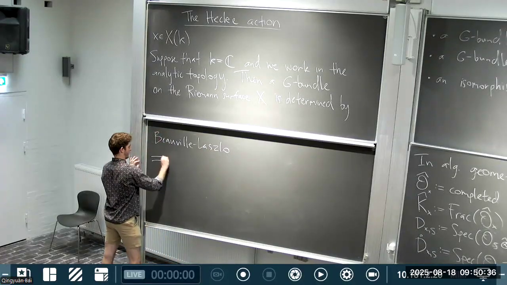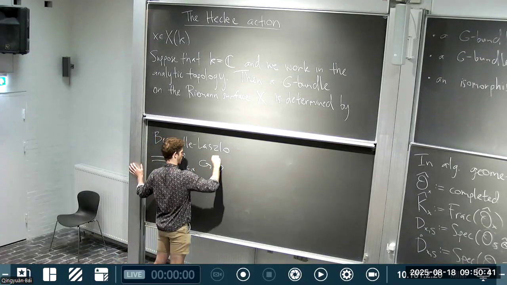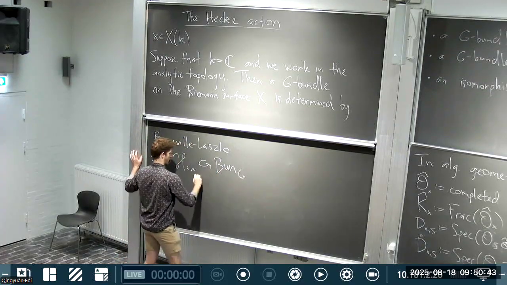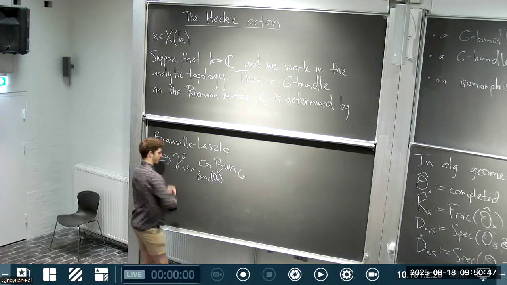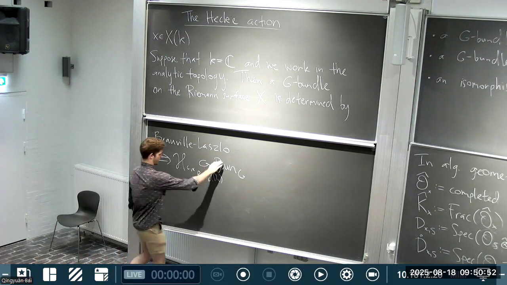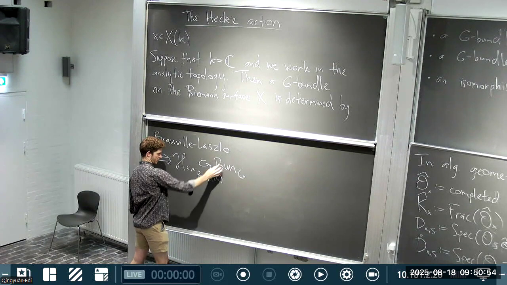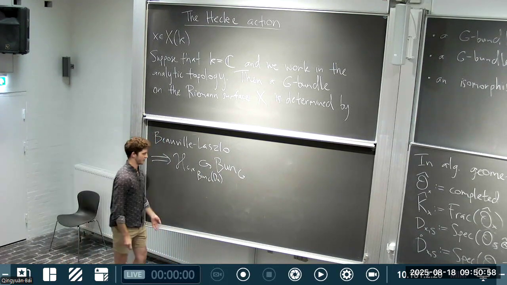Beauville-Laszlo tells us that this groupoid in fact acts on Bun G, over Bun G on the disk, in the sense of a groupoid acting on a space over the same base. There's only one way to interpret what this means.